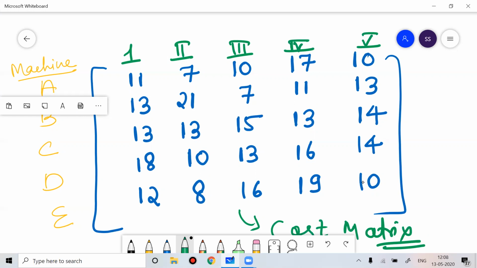Do this problem, everyone. I am not doing this problem first. First, you try solving this problem, then I will solve it. I am giving you 5 minutes.